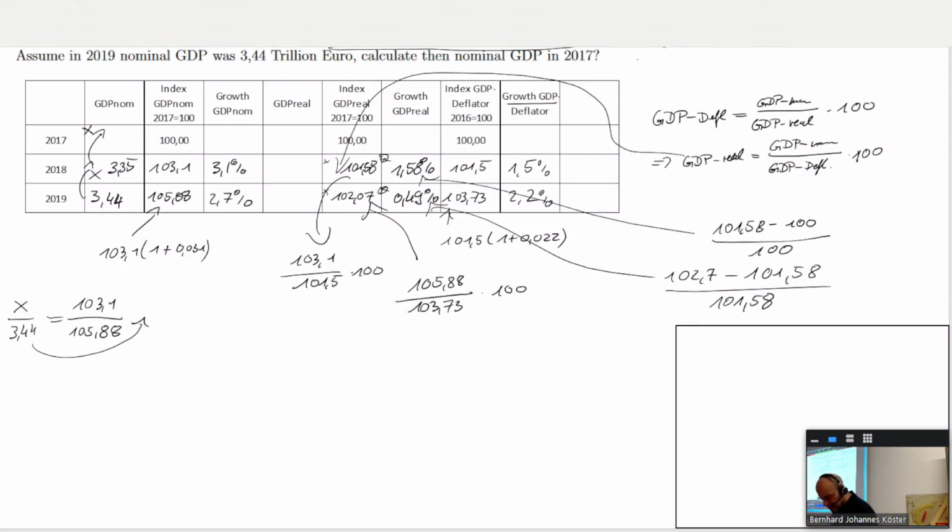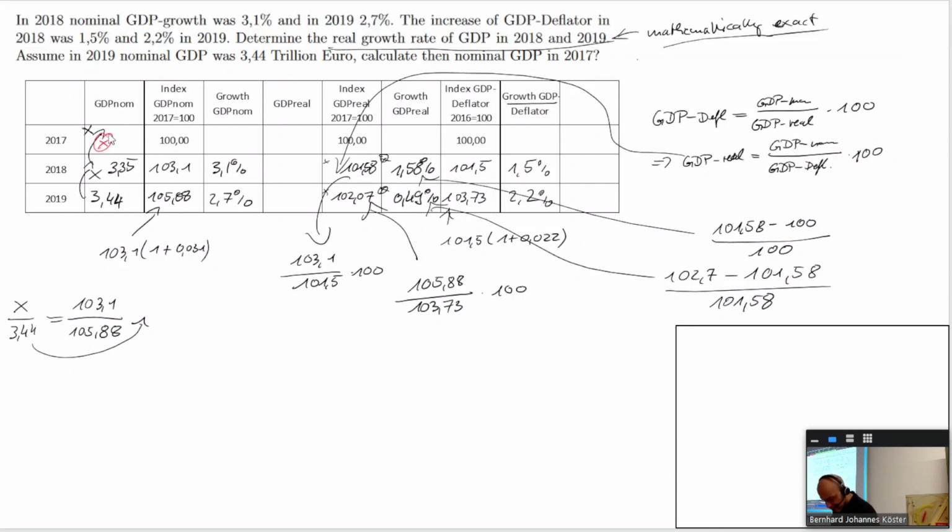And let's take another color, red, this one. Here we have x over 3.35 is equal to 100 over 103.1.